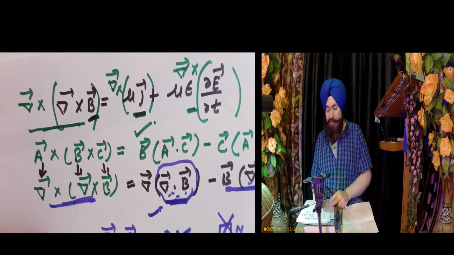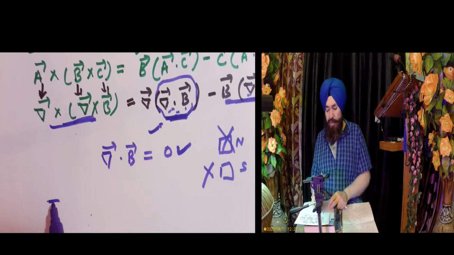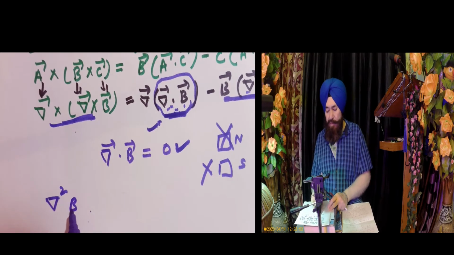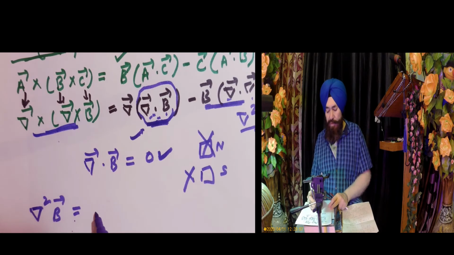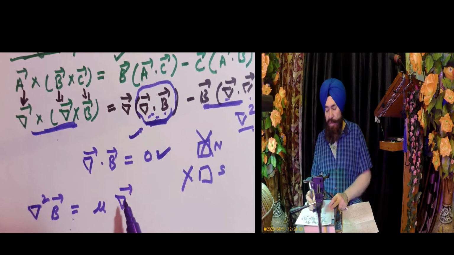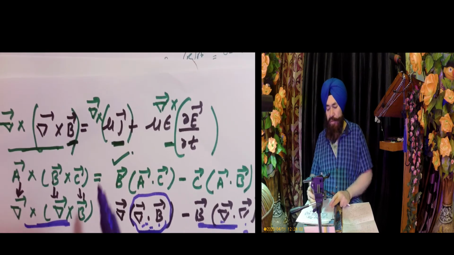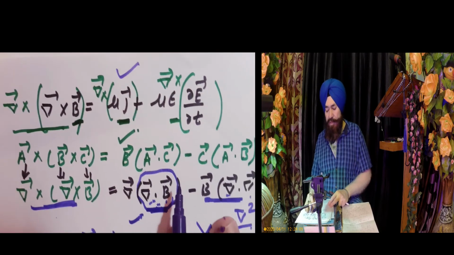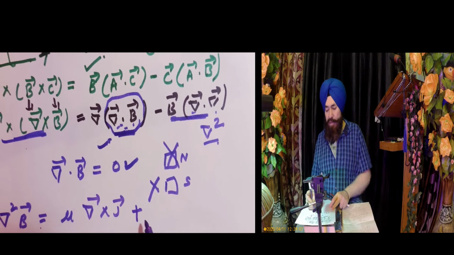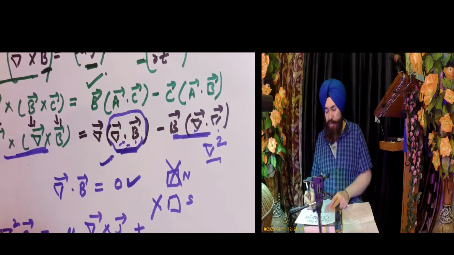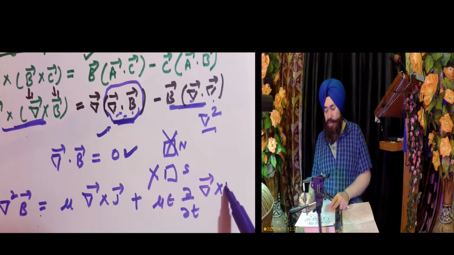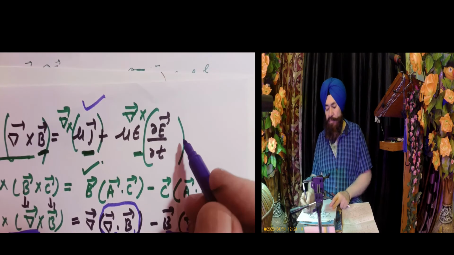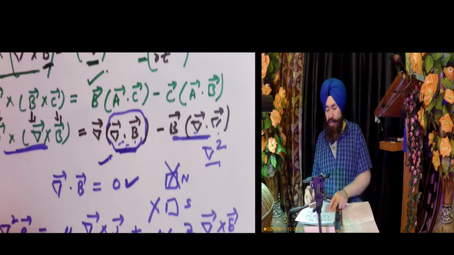So our left hand side becomes del square B vector, and the right hand side is mu del cross J plus mu epsilon curly by curly t del cross E. You know this part.